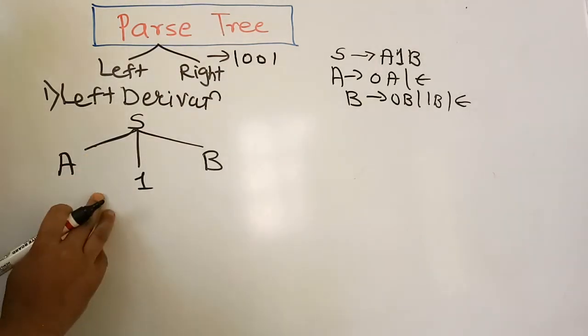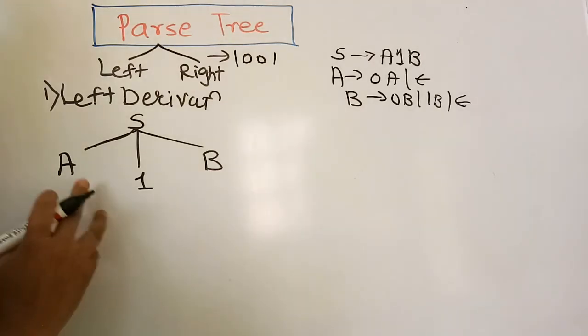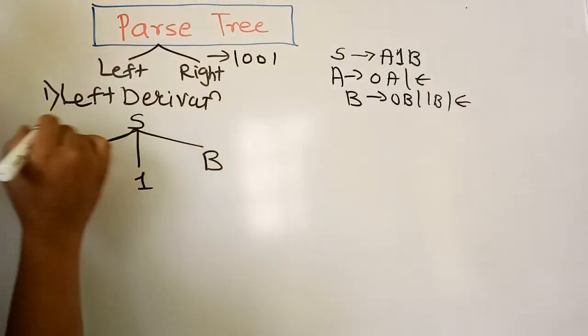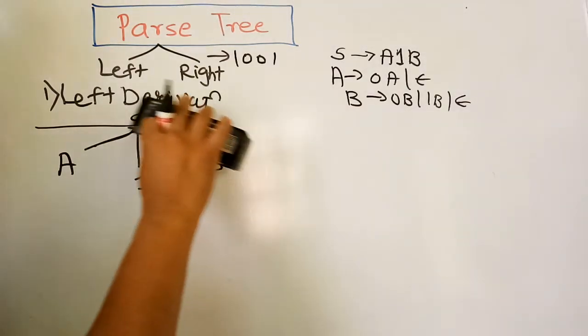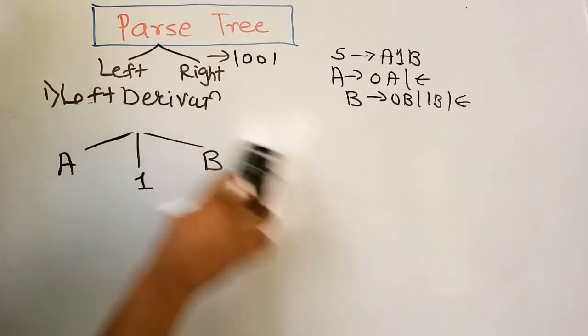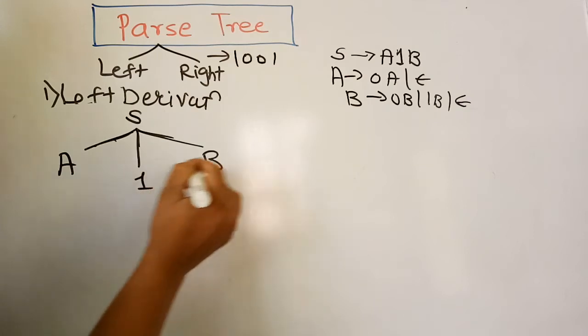Now, leftmost derivation means try to replace the variables by the productions from this side to this side, meaning left to right, and rightmost derivation is nothing but from right to left. So we will solve it first of all for leftmost derivation. So it is S gives A1B.